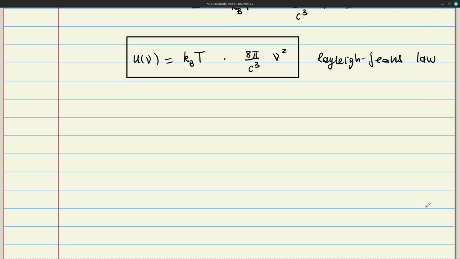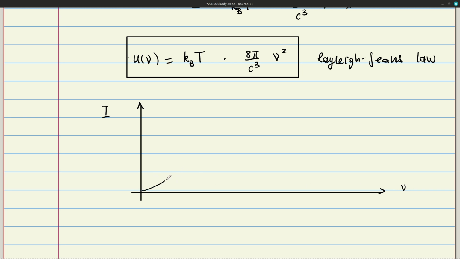Now, if you remember the blackbody radiation, let's draw one more time. This is intensity, this is frequency, and the result we saw was something like that.